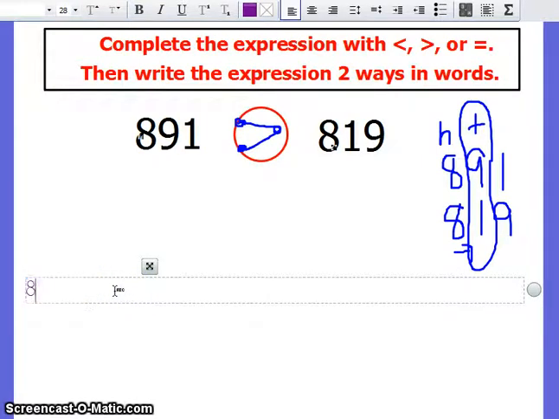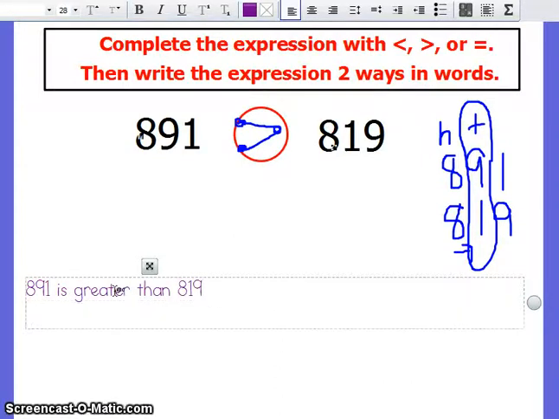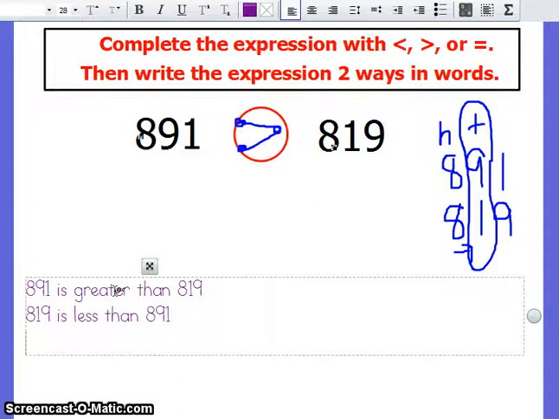I can say that 891 is greater than 819. I could also say that 819 is less than 891.